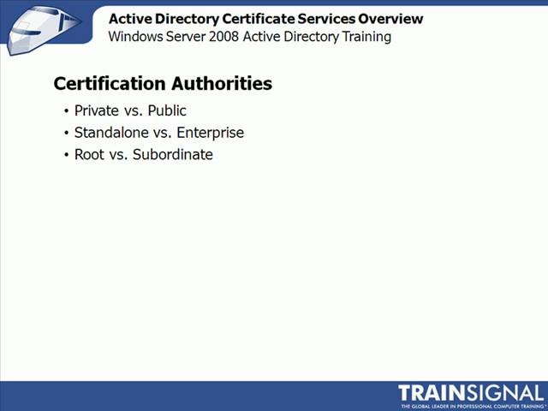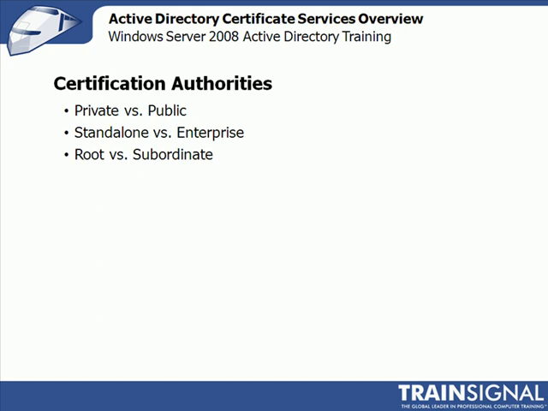Now, speaking of root and subordinate or issuing, that's the last thing I want to talk to you about here when it comes to CAs. The root CA is the topmost portion of your CA hierarchy. Now, I know we haven't talked about the CA hierarchy yet. We're going to do that next. But the root is basically the top.